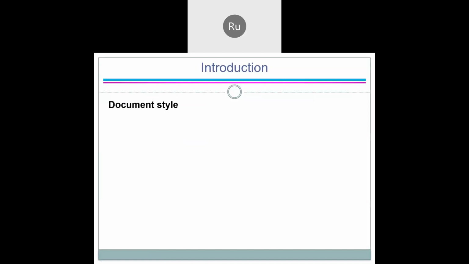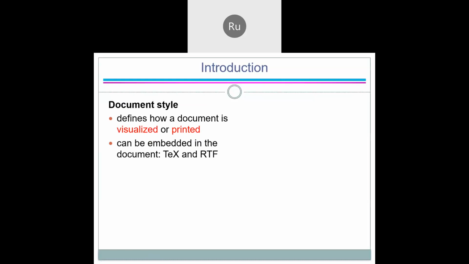Okay, so for the style, we define how a document is visualized or printed. For different purposes, we'll have different formats. Have you ever used TeX or MiKTeX? This is another tool that you can use for scientific formatting of your document.